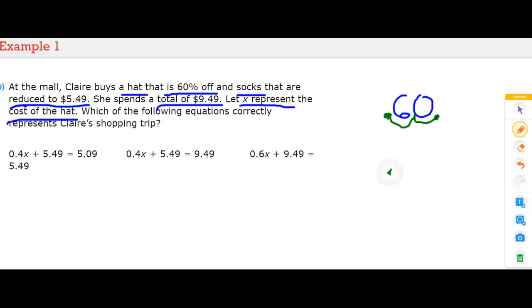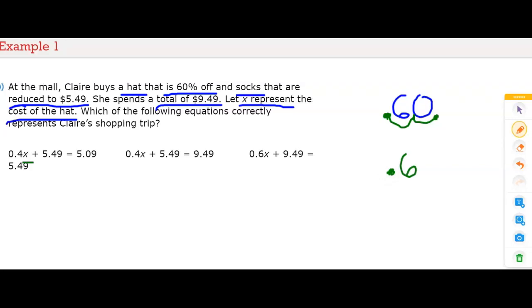And so 60% as a decimal would be 0.6. Okay, so we can look at each one of these expressions or equations and see which one has 0.6. And we also can figure that if it's 60%, I want to go back to the percentage, 60% of the cost of the hat was taken off.